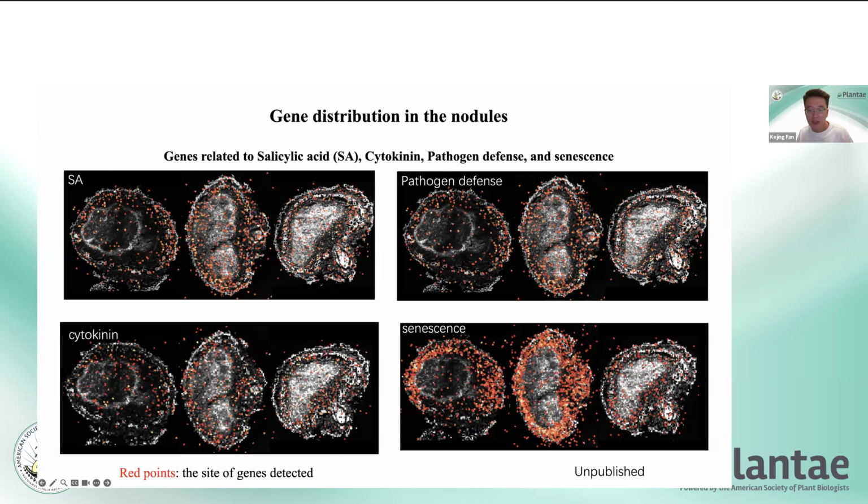This is very interesting because before, people always thought nodule senescence started from the central zone of the infected region. But now we found there is a strong effect of senescence-related genes in the uninfected zone. So we began to think about whether nodule senescence is also regulated by the plant host, not by the rhizobium.